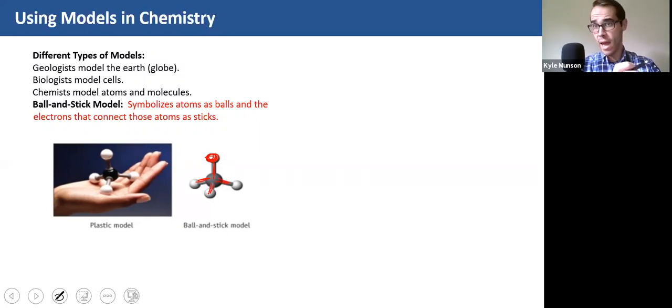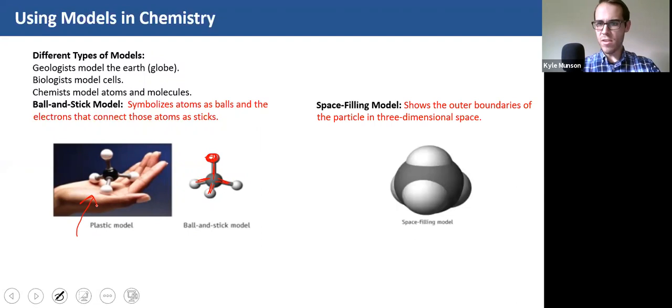So that's one way a chemist might have like a model kit to make these little plastic models like we see here to represent a molecule on the particulate level. Another thing they might do is a space filling model. This is showing the outer boundaries of the particle in three-dimensional space.